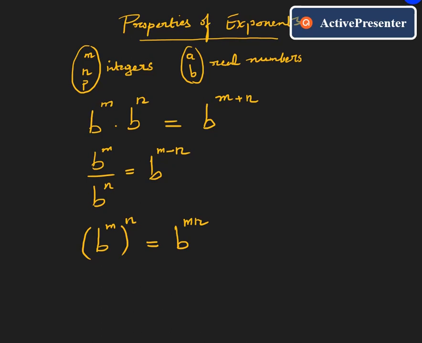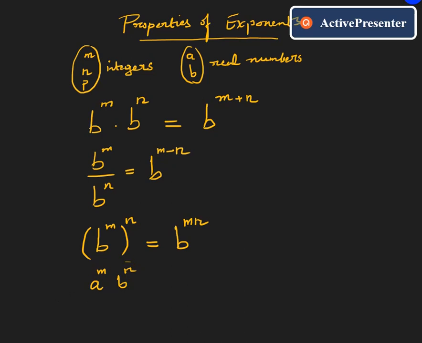Also, another form of the power: if we say exponent a to the power m multiplied by exponent b to the power n, they are different bases. Okay, you cannot say we will add these together. No, they are different bases.